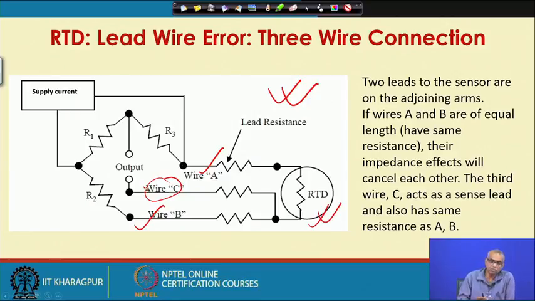So, if you write down the conditions for balance, you will now see that the effect of lead resistance A and B are getting cancelled out.